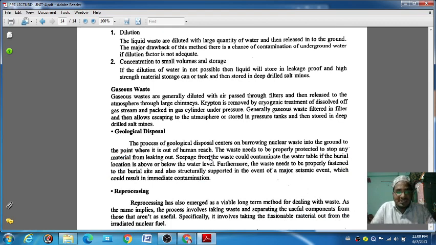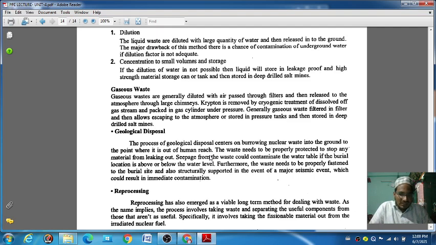Next topic is gaseous waste. Here the gaseous waste comes out from the turbines. Krypton is removed by cryogenic treatment, and gas streams are packed in gas cylinders under pressure.